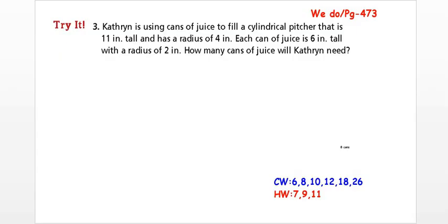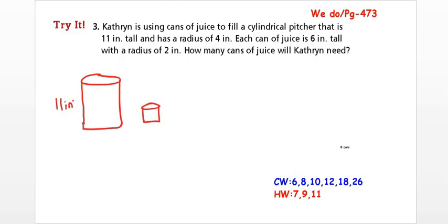That means she actually has two different sizes of cylinders. The first one is the large one, that is the pitcher, and she is trying to fill it with a small one, like the size of this cylinder. What is the radius for this cylinder? It is 4 inches and it is 11 inches tall.